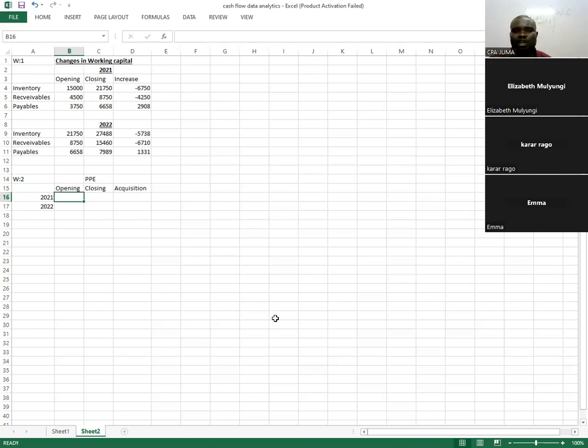I just want to check whether we are together. Yes, 25,800. Then closing, they closed with 45,200. For 2022, the opening is the closing for 2021, which is 45,200. Then closing 46,700.